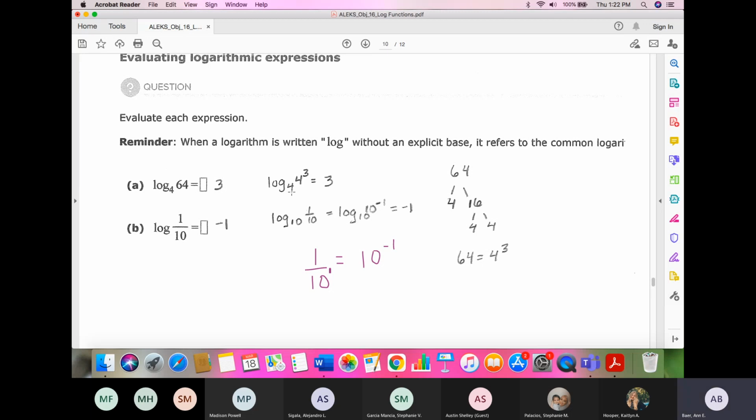What you will see now is we have a log and we have matching bases. 4, the base of the log, matches the base of the exponent. So in that case, when we have matching bases, the log is the exponent you see, and that is 3. So this answer here is 3.